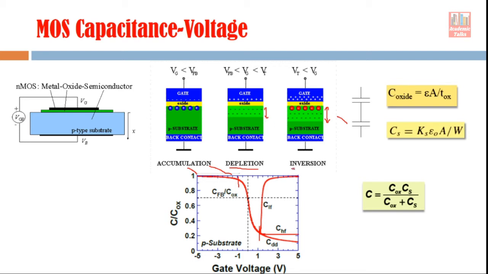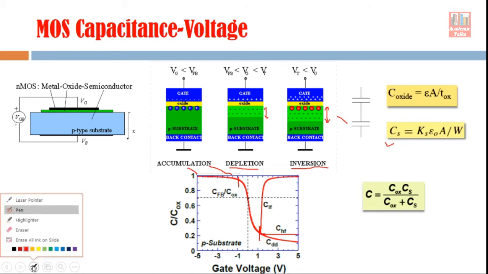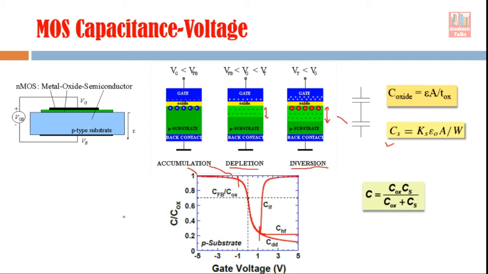But once you enter into the inversion region, the width becomes almost stable, I told you, and since it becomes almost stable, this capacitance stabilizes and there is no further change in C, and the C becomes almost stable here. So from here to here, I should choose a different color, maybe red color, green color, yes.